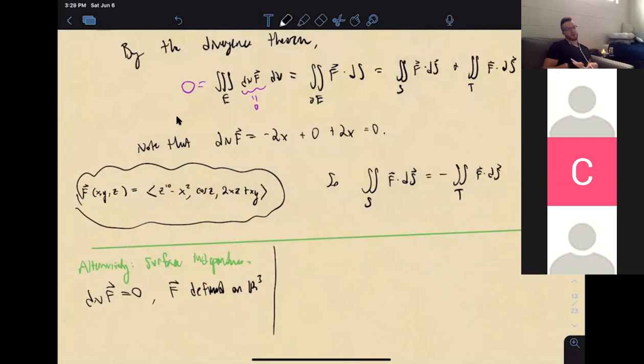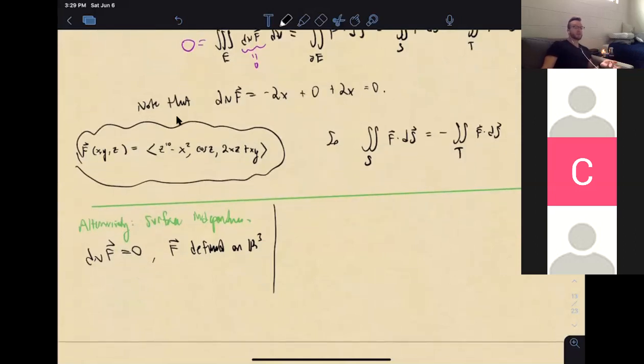So if you think back to Monday or something, what does that mean? That tells us that F has a vector potential. We just don't know what it is, but it does have a vector potential. Oh my God, that's terrible. Sorry, that says potential. So we can use surface independence.